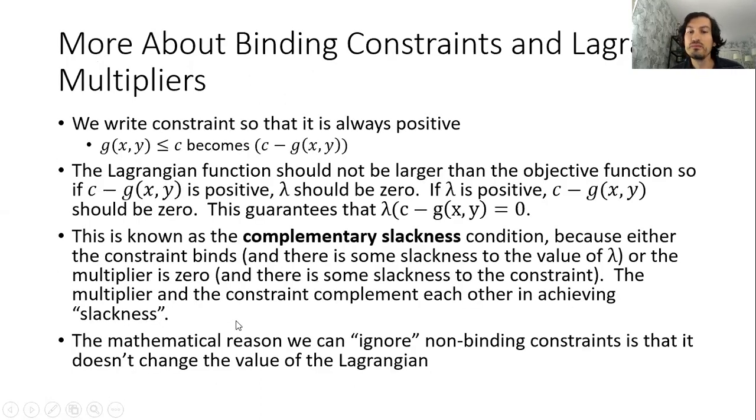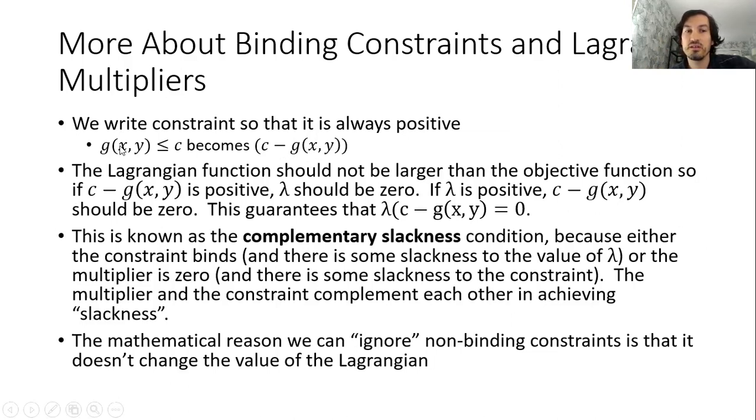Okay. Then we talked about the complementary slackness condition, which is just a fancy way of saying either lambda has to be 0, or the other part, which is the constraint part, has to be 0. One of those two things has to be 0. That's what it means. And of course, if the constraint part is 0, if the c minus g part is 0, that means it binds.